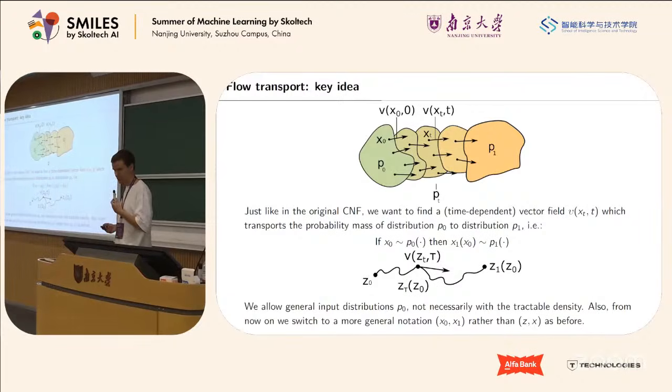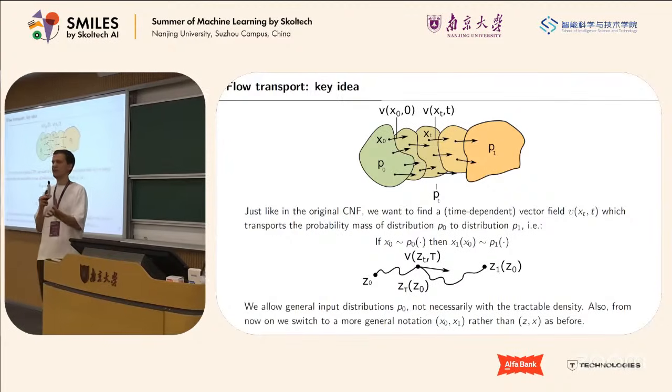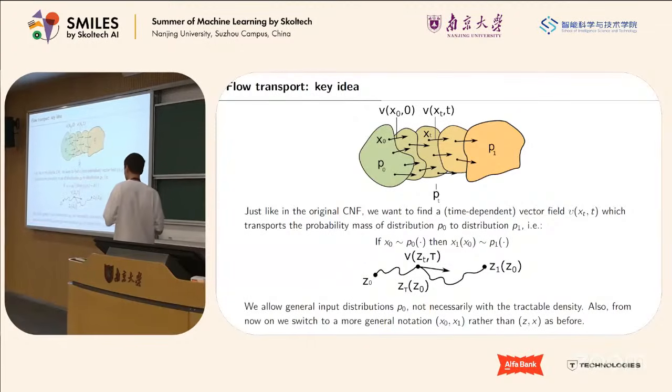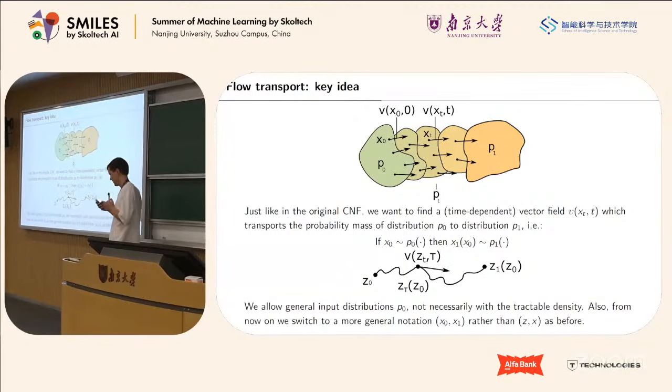So the question is how to find such a vector field, such a generative vector field, because it tries to generate our data distribution from some simple input distribution which we can easily model. And this is what we are going to discuss.